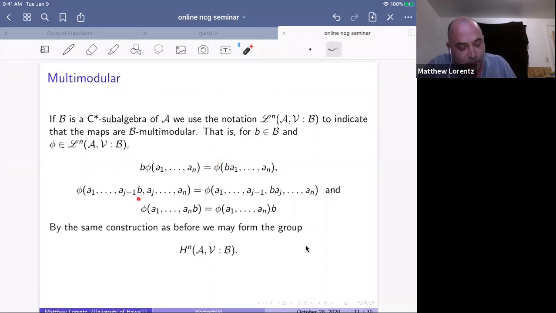And if we've got one in a coordinate behind the j minus 1, then we can move it across the comma into the next coordinate. And then if it's on the end, it can come outside like so. And that would be a B multimodular map. And we can form its Hochschild cohomology in the same way that we did the others.